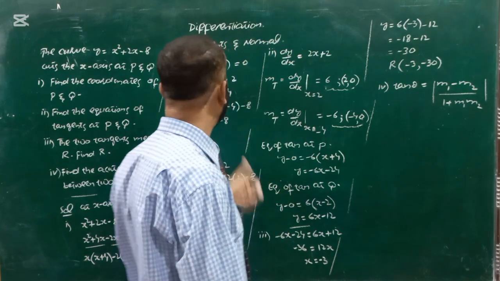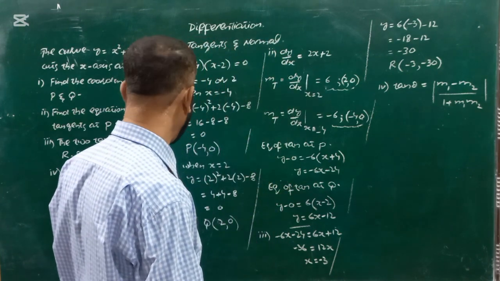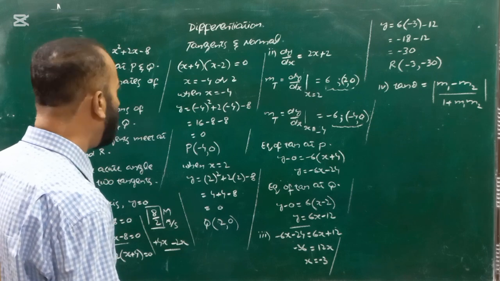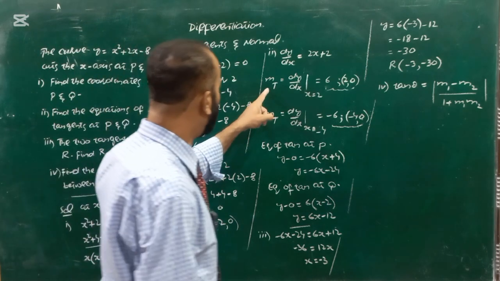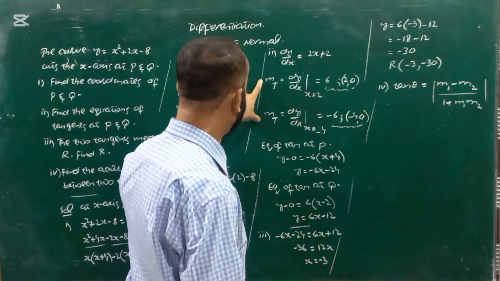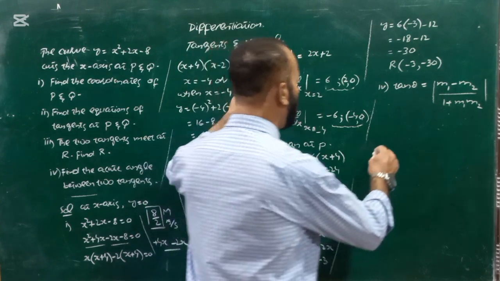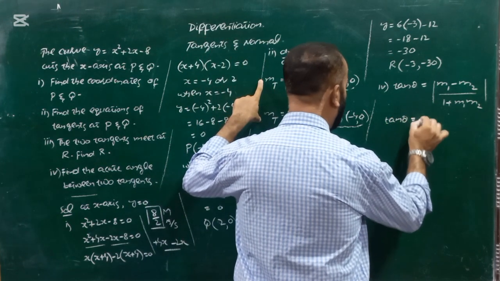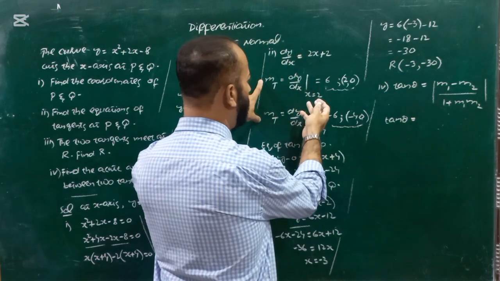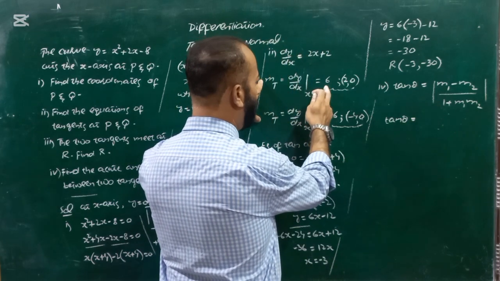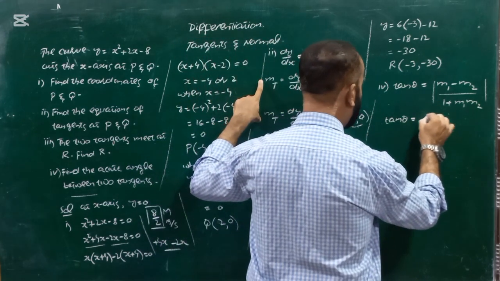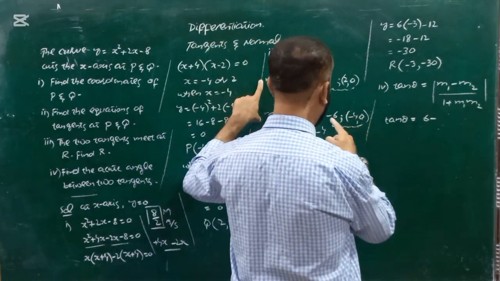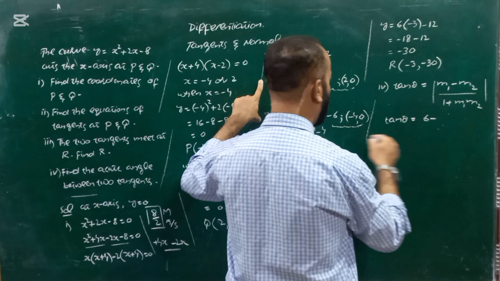Because the tangents are intersecting each other, look now, here are the gradients of these two tangents. So now we are going to put the values into the formula. Suppose this is m1, so 6 minus, this is m2, minus 6. Because of this minus sign, it will become plus.